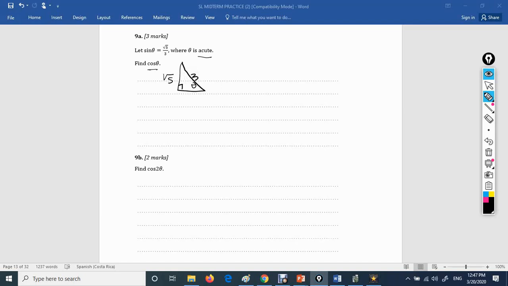And then if we do the math, this side, using the Pythagorean theorem, would be equal to the square root of 3 squared minus square root of 5 squared. That's going to be square root of 9 minus 5, which is square root of 4, which is 2. So this side here is 2. And with that, we can write cosine of theta will equal 2 over 3.